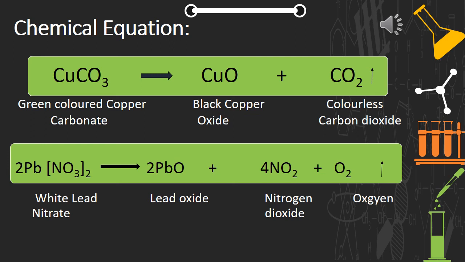N is nitrogen and O2 is dioxide, nitrogen dioxide, NO2, along with the liberation of oxygen. So oxygen is again a molecule. It always exists in the form of a molecule, that is O2. So I hope this is clear, and when you have a chemical reaction in this way, you can represent it in symbolic form.